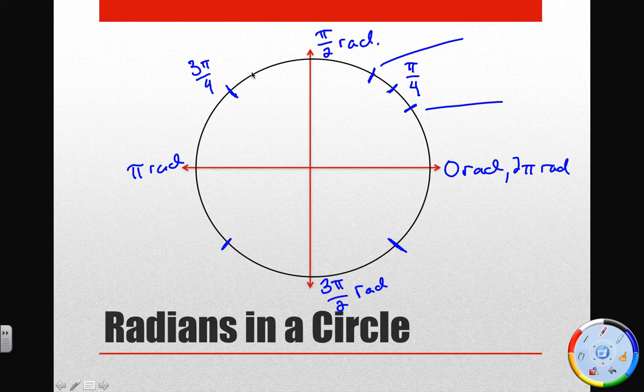And then think a little bit harder for some of these other ones, or just use the conversion factor to figure out what these other angles are going to be in radians. Try to fill out the rest of this circle and see what you can do. And obviously you can cheat. Anybody can find this online. But really think about it and really try it.